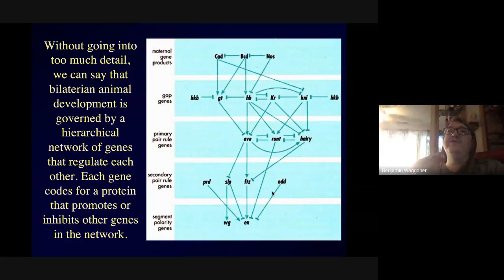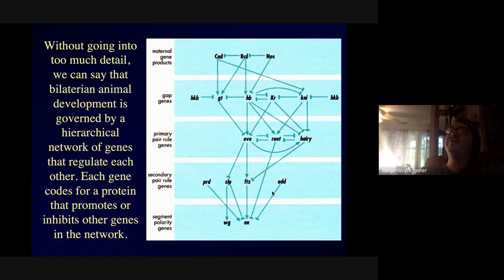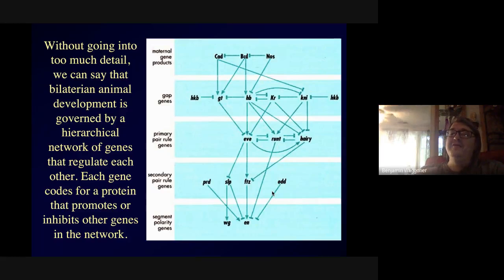But developmental biology is a hot field right now, because over the past 20, 25 years or so, it has become possible to start asking and answering very deep questions on the real nuts and bolts of how you go from a fertilized egg to an adult.